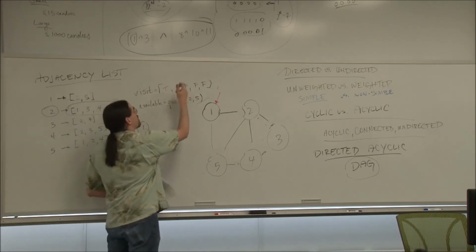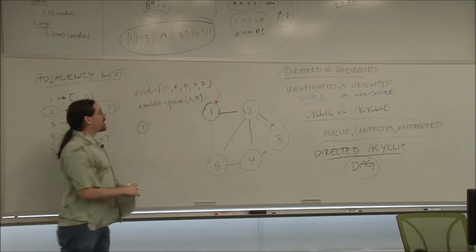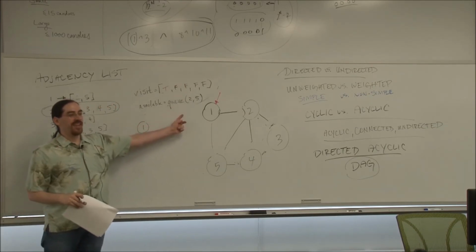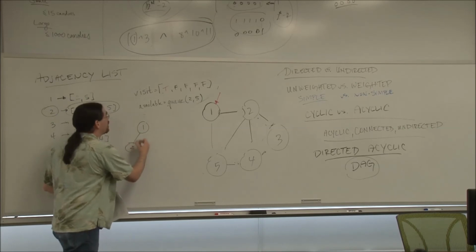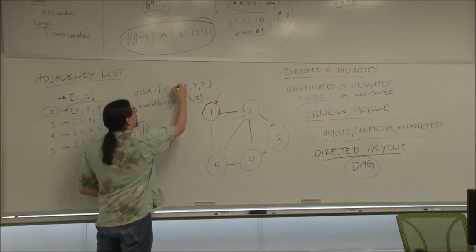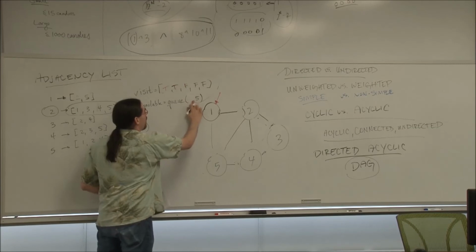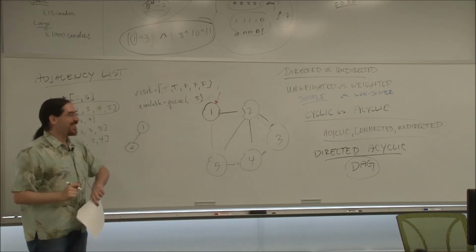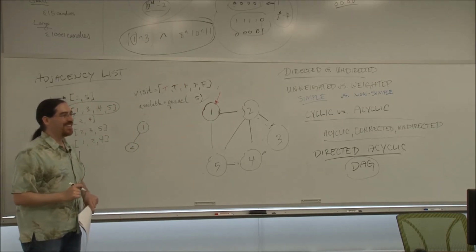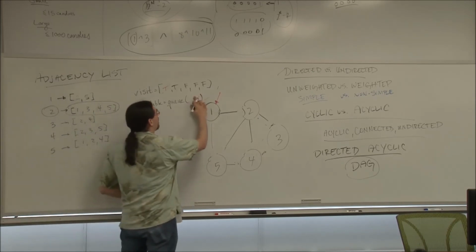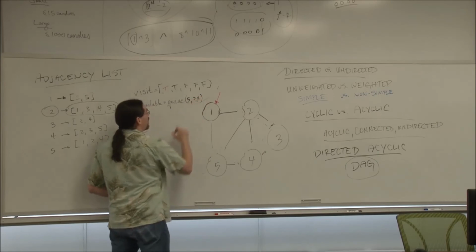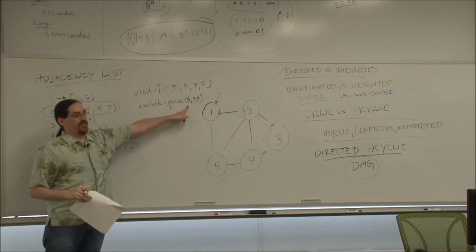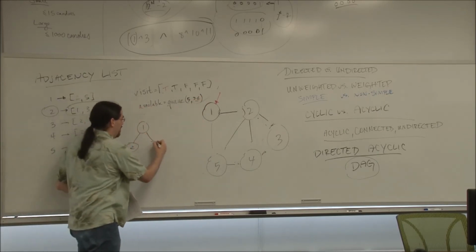What gets pulled off of the queue as our next node? 2. So we draw from 1 to 2. Now we've been to 2, and we've removed it. What gets pushed onto the queue? 3 and 4. Yes. So now we've got 5 up here, and 3 and 4 get pushed on. What gets pulled off? 5.